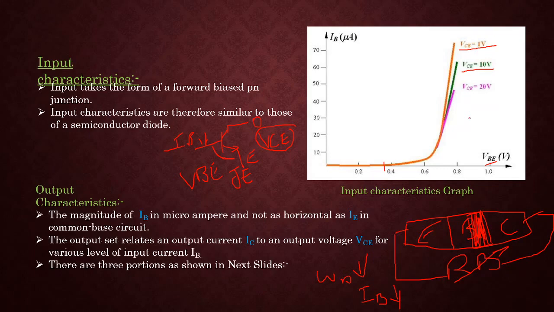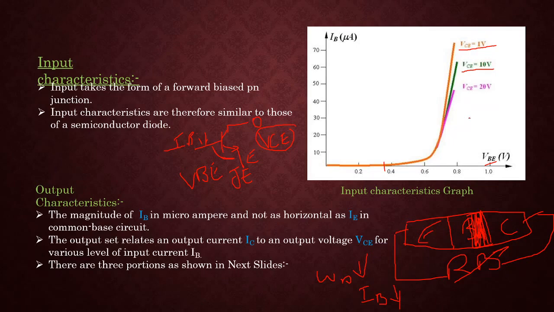And the next one is that since the JE junction is forward biased, whenever I am increasing the input voltage, the curve will expand in exponential format. If I increase the reverse bias voltage, what happens we have to see. When we are increasing the reverse bias voltage for the CE configuration, the VCE voltage has been increased.